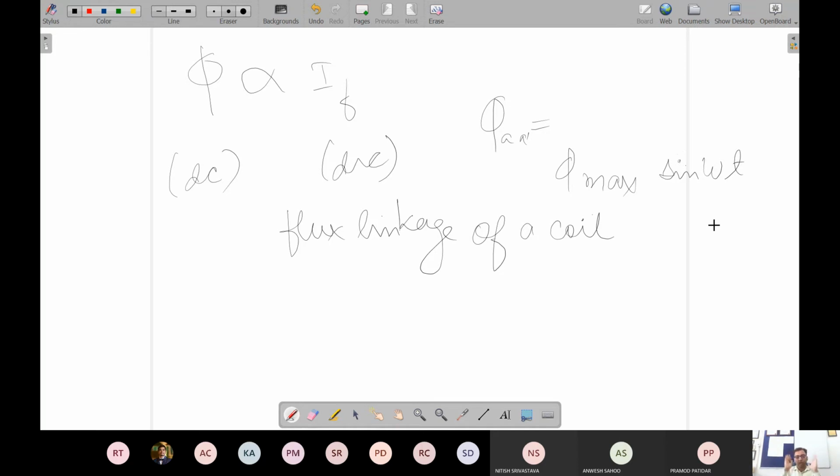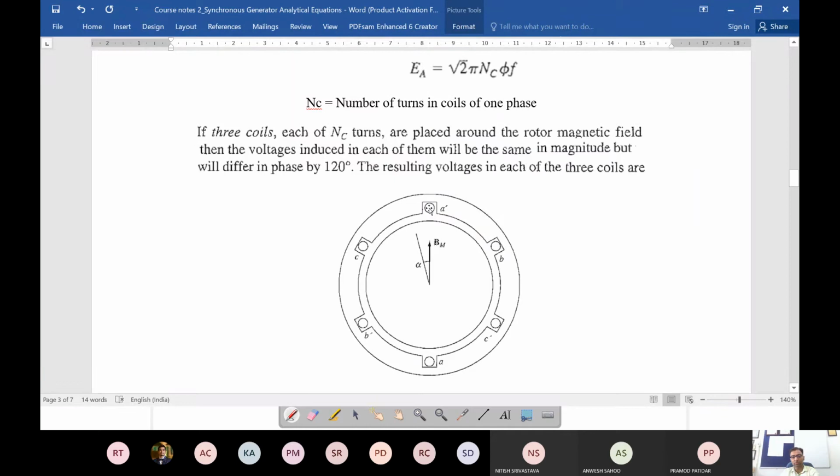So like the frame of reference thing. Don't look at it from the frame of reference of the rotor, look at it from the frame of reference of the coil. If I'm sitting at this coil AA dash, the flux will appear to have a sinusoidal variation, because though the magnitude is constant, it is going around. Let's say the north pole is the positive peak, and the south pole of the rotor is a negative peak.